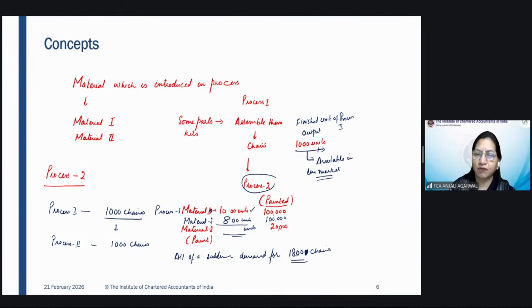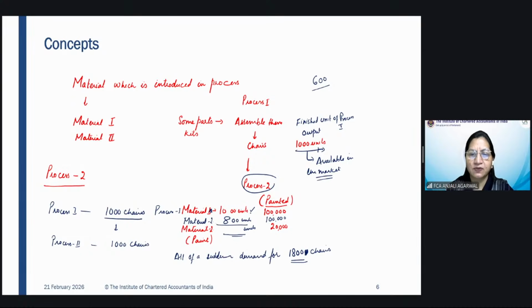So if the demand for the product has gone down, let's say 1000 chairs were manufactured by process one, demand for the product goes down to 600. So what can process one do? Transfer 600 units to process two and sell 400 units in the market. However, if the demand goes up, then process 2 can get 1000 chairs from process 1 and it can purchase from the market an additional 800 chairs.